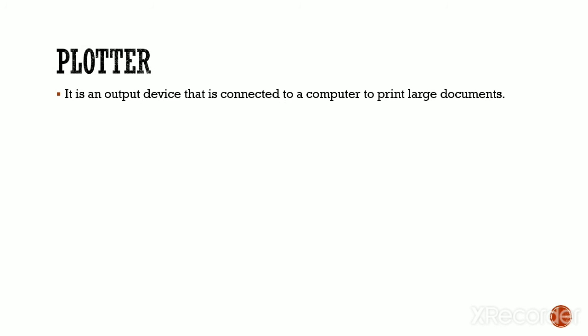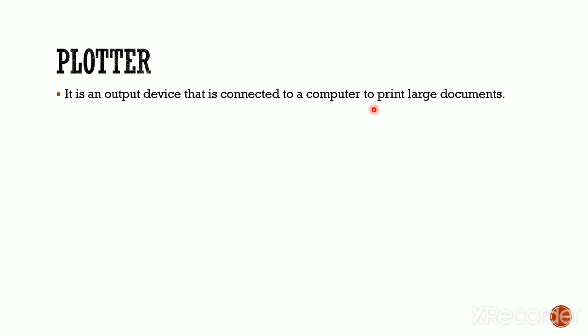connected output devices. Then the next one is the plotter. What is a plotter? It is an output device that is connected to a computer to print large documents. A printer is used to print things only on paper, A4 sheets or A3 sheets.